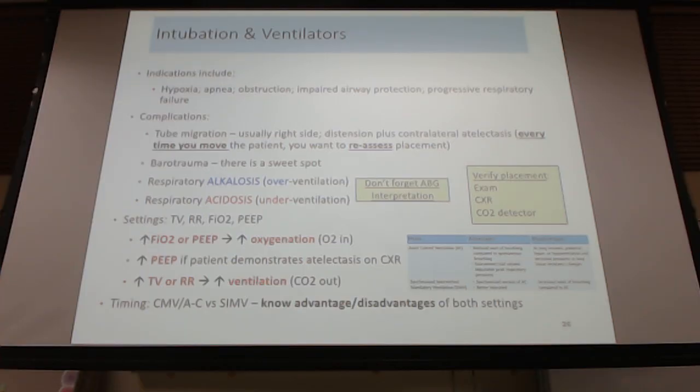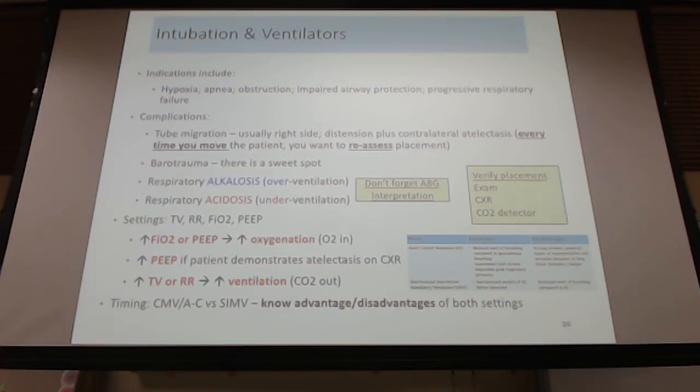But the concept that I'd like you to memorize, these are all very important, right? Alkalosis and acidosis. Understanding that if you overventilate someone, meaning their tidal volume's too high or the rate's too high, you blow off too much CO2, right?